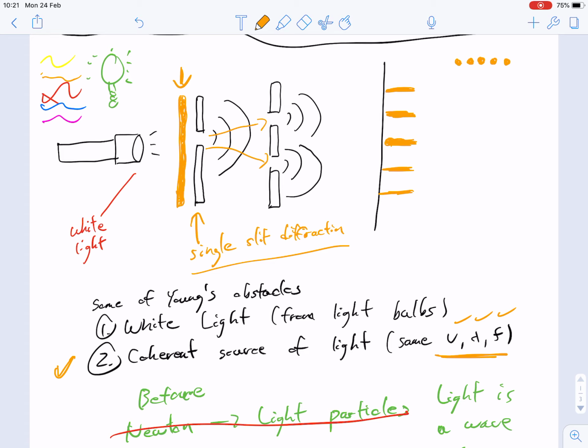In the real version, the center one is a little bit brighter, so I'm just going to make it a little bit bigger to indicate that it is brighter than the other ones, and they slowly diminish in their intensity, which is what the original graph that you saw there was.